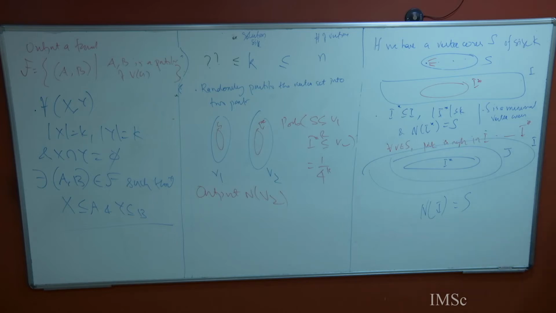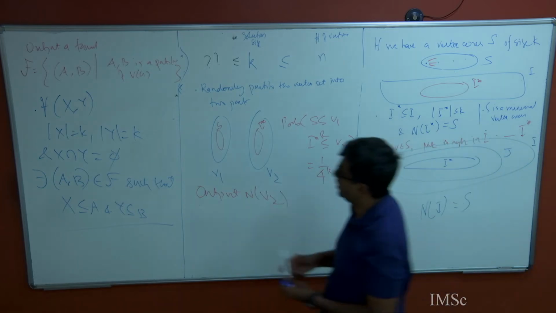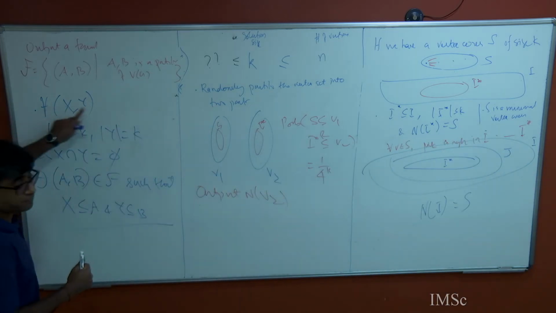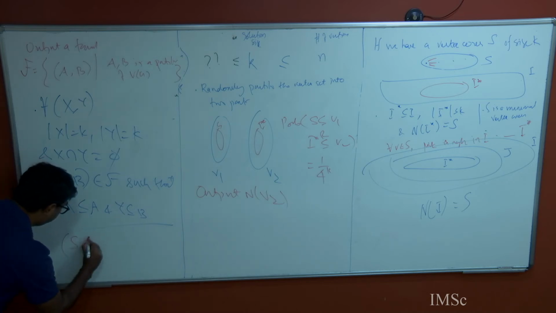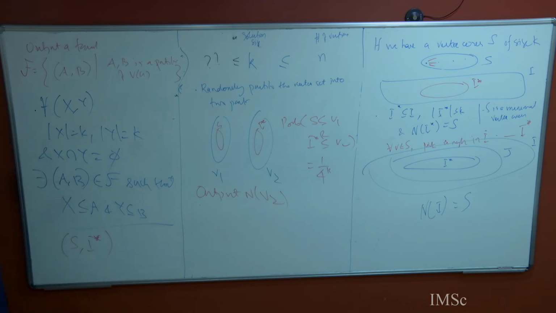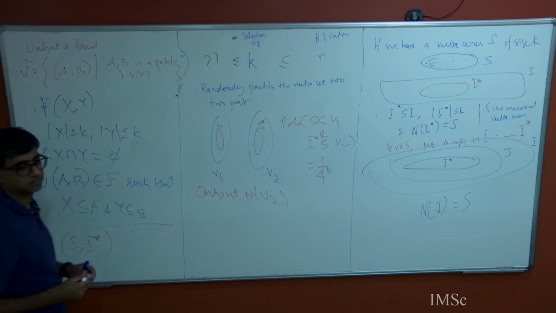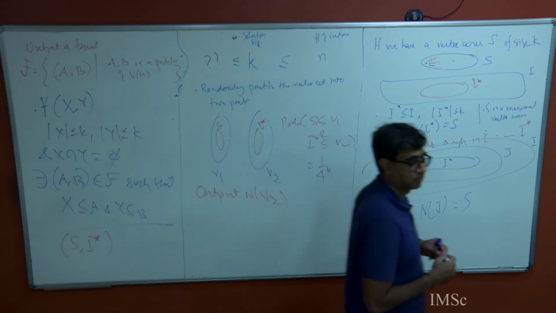You go over every partition and try each one, because it's true for every x y. So in particular, it is also true for your S comma I star. This is also fine. Right?